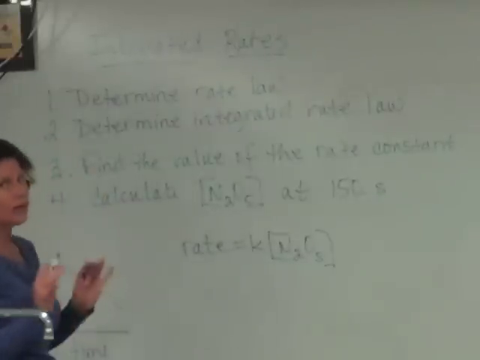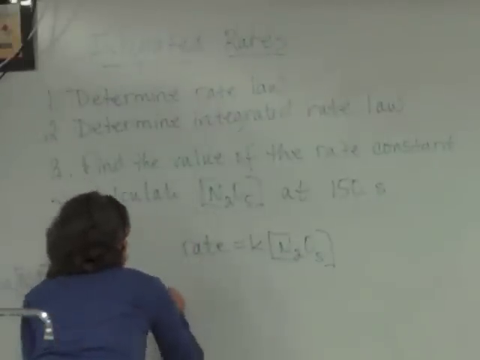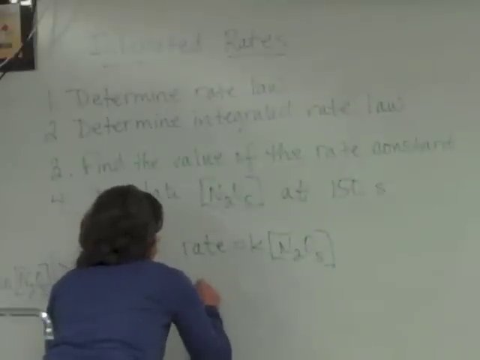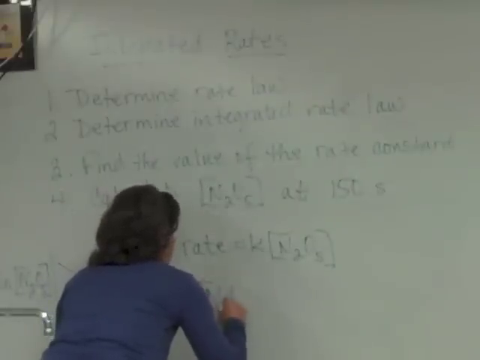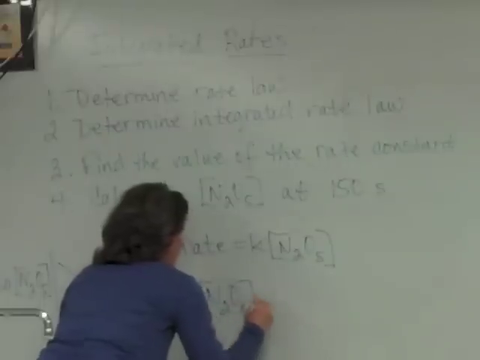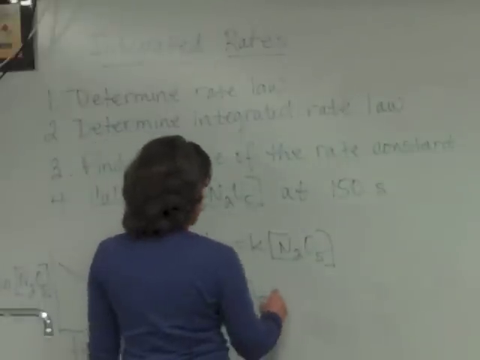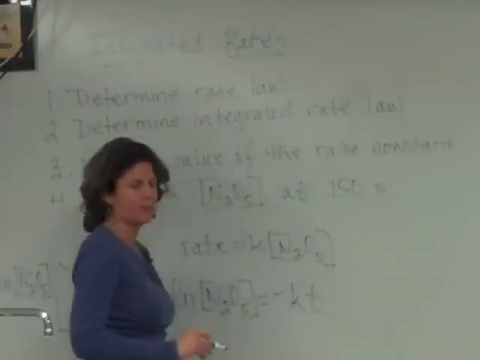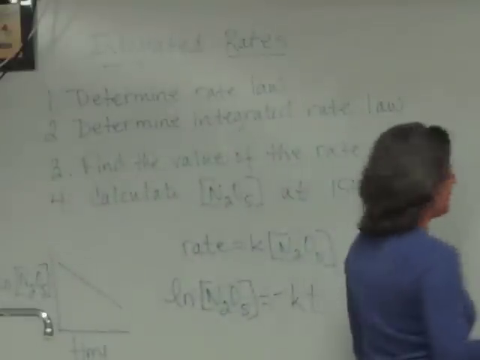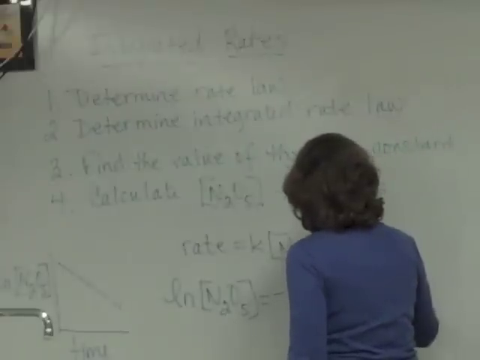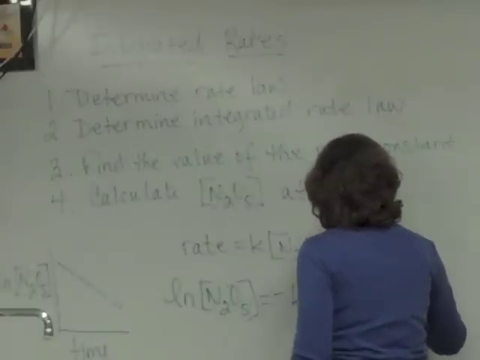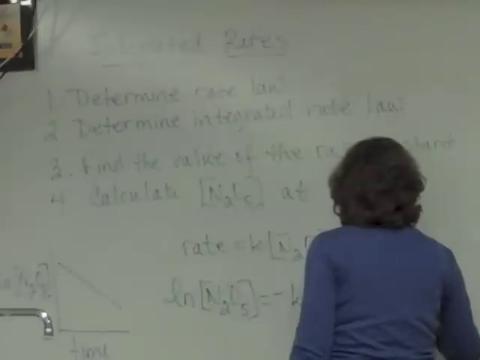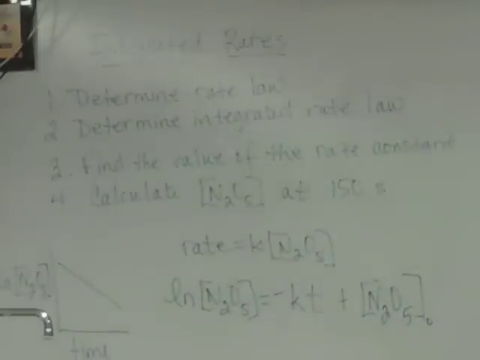So the integrated rate law for this is the natural log of N2O5 is equal to negative kt, where t is time, plus the concentration of N2O5 naught, little 0.